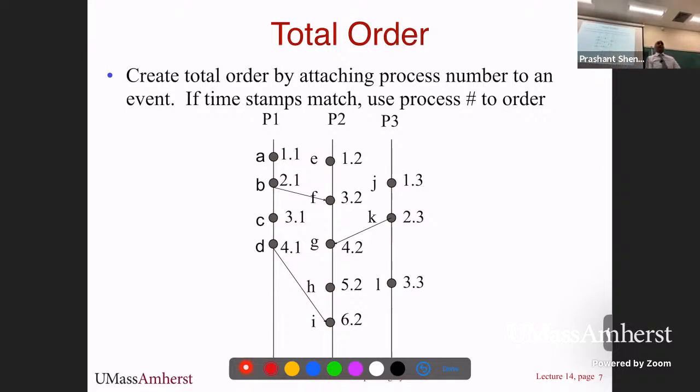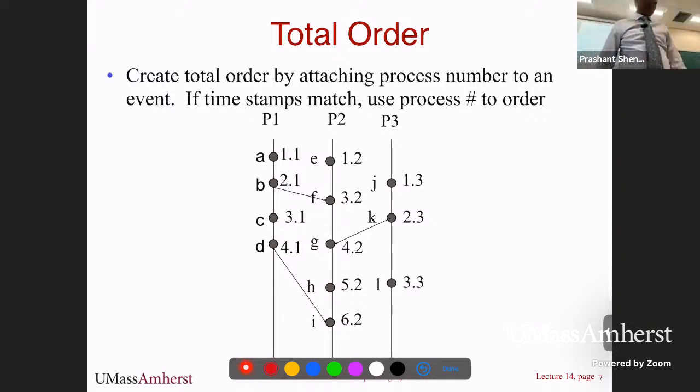Because we don't actually know what happened for unordered events, we'll assign a rule saying we order them by process ID and assume that's the total order, even though we don't know the actual ordering in many cases. This lets us take a partial order, assign a tie-breaking rule for the unordered events, and say that's our total order.